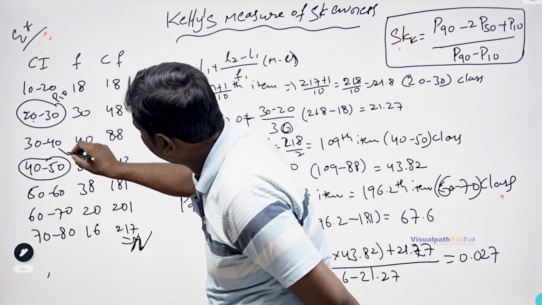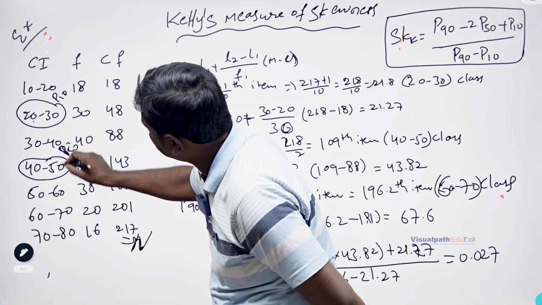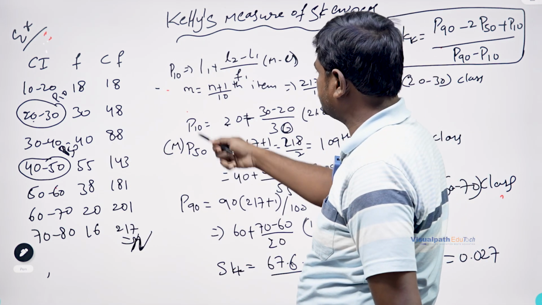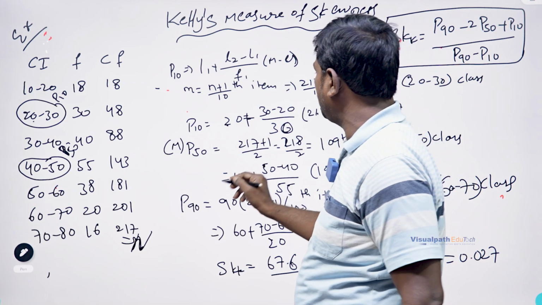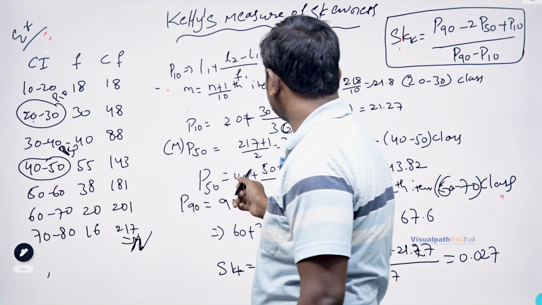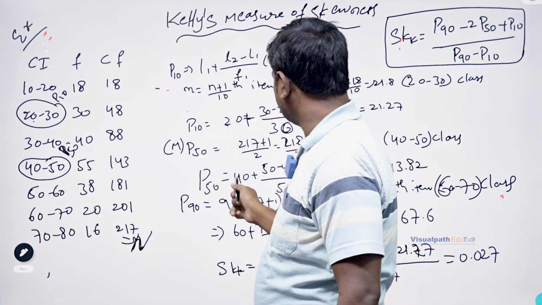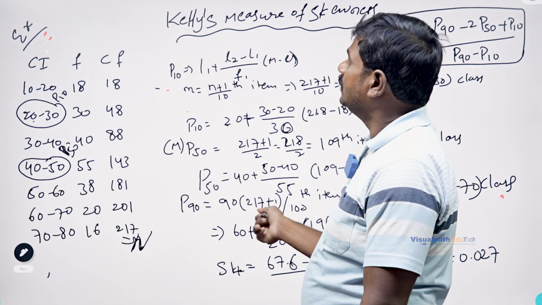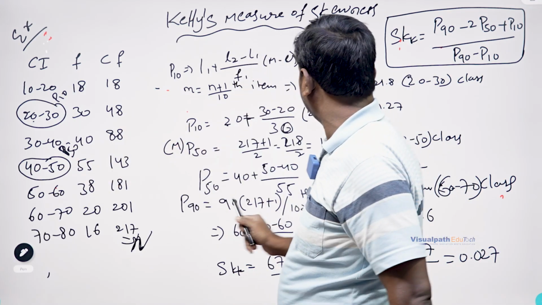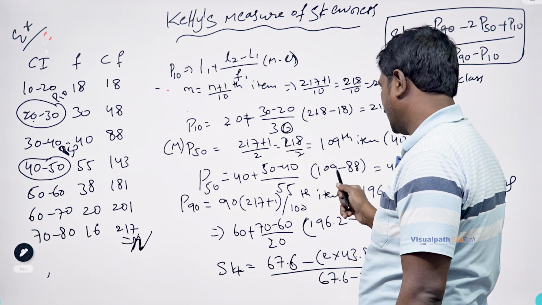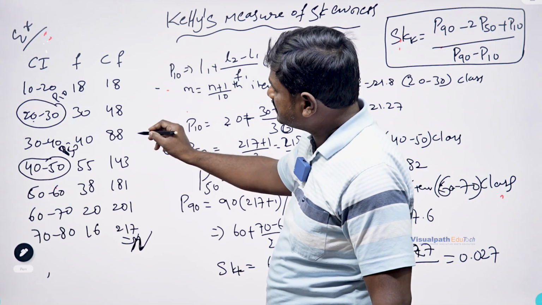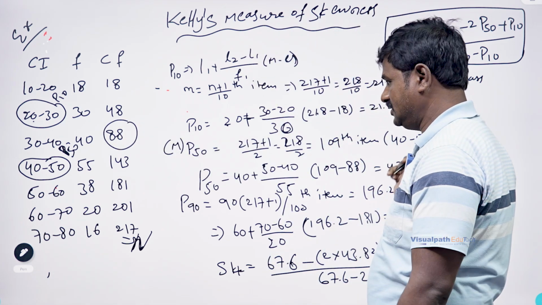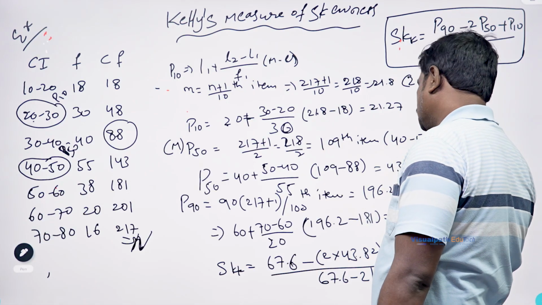Substituting the values, P50 is equal to the lower limit 40 plus (50 minus 40), upper limit minus lower limit, by the frequency of the median class, 55, into (109 minus 88), where 88 is the cumulative frequency preceding the median class. That gives 43.8. So P50 is equal to 43.8.